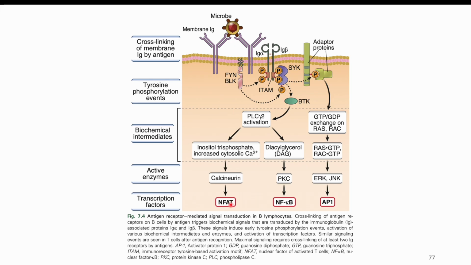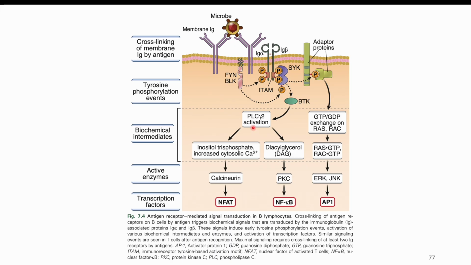NFAT is a type of transcription factor called nuclear factor of activated T cells. From the abbreviations as well, you can get a little bit of an idea what these factors might be doing, right? NF kappa B is nuclear factor kappa B, PKC is protein kinase C, and PLC is phospholipase C.